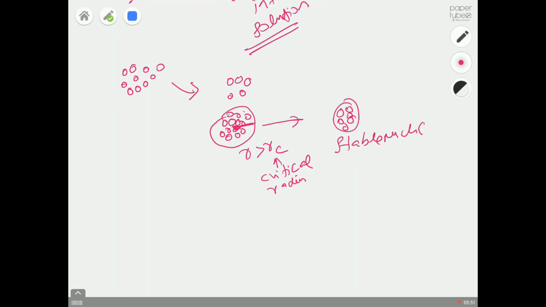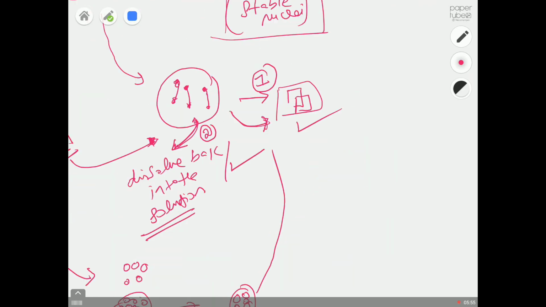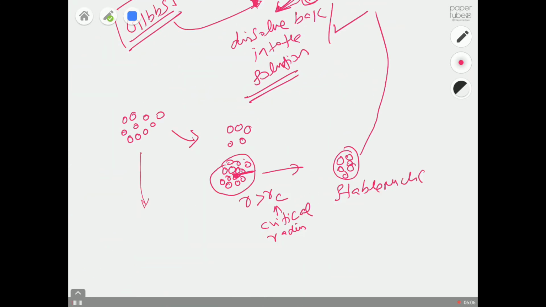That will be your step one. The second possibility, where it dissolves back into the solution, happens when these spherical molecules combine together and the radius is less than the critical radius. They will dissolve back into the solution.